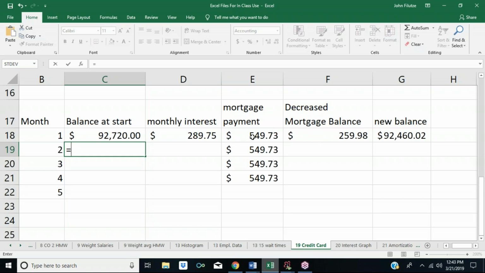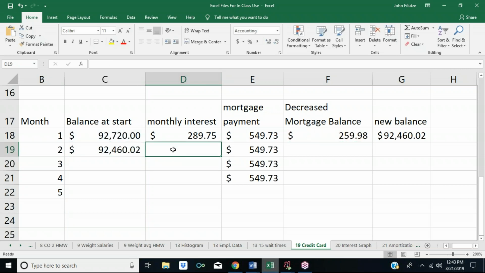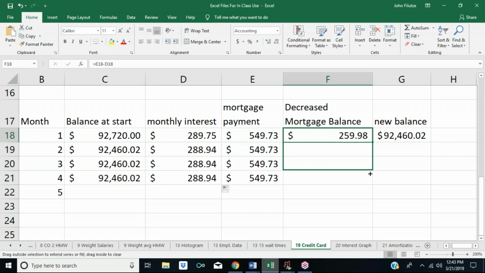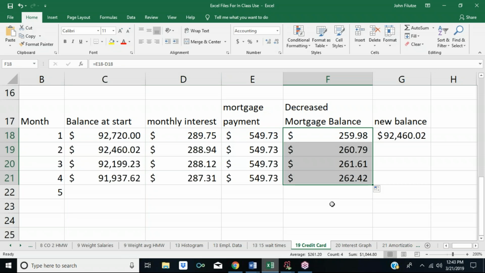It's going to be the balance at the start, the previous balance, minus the decrease. And then we can just pull these values down. And there's our chart filled out.